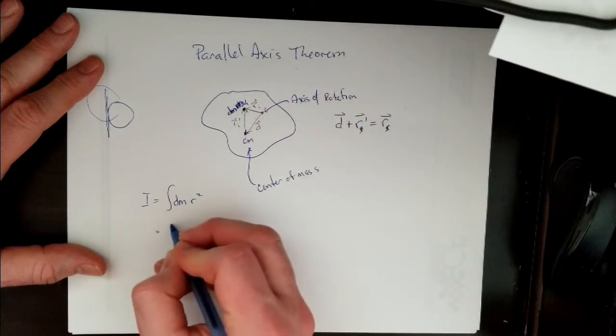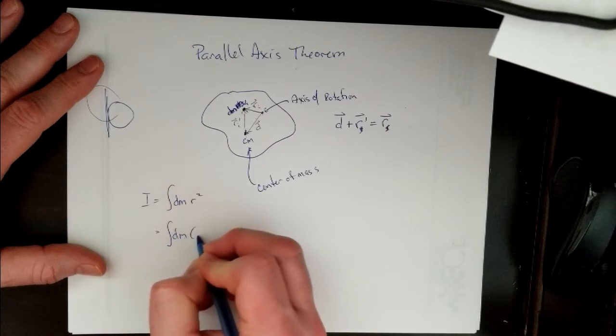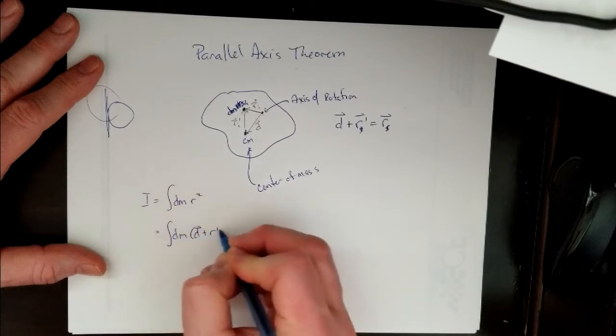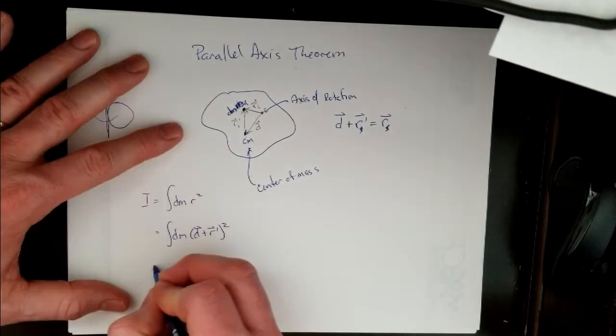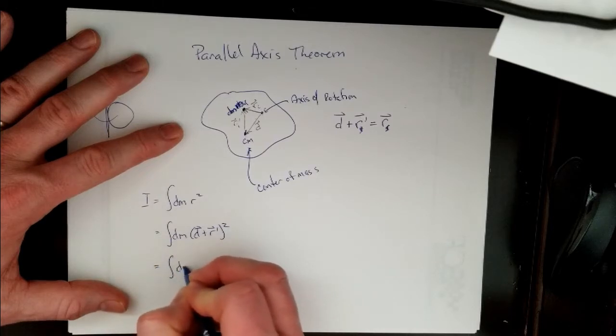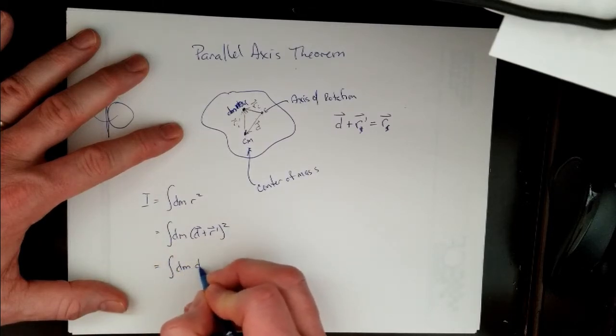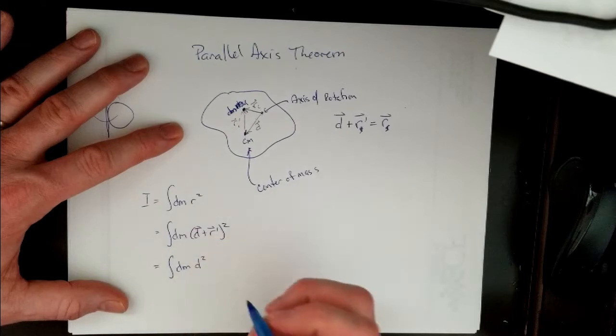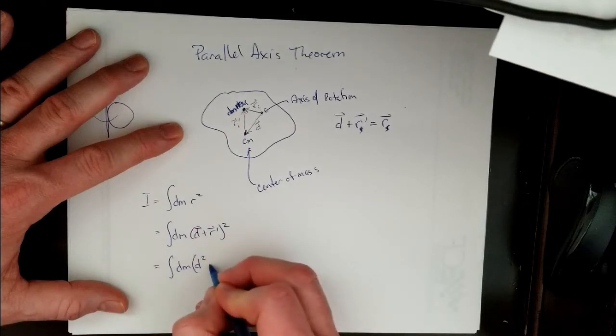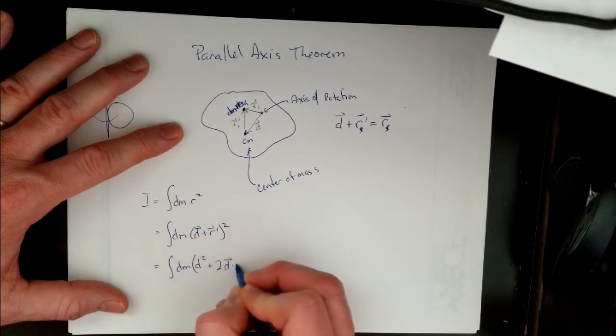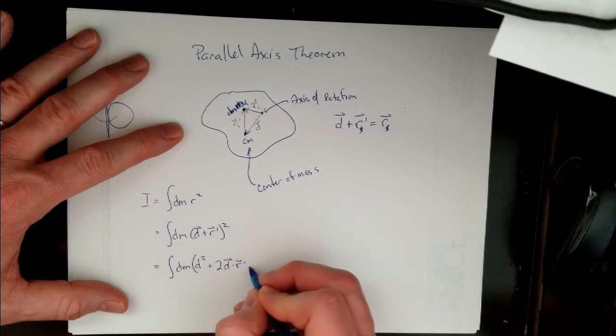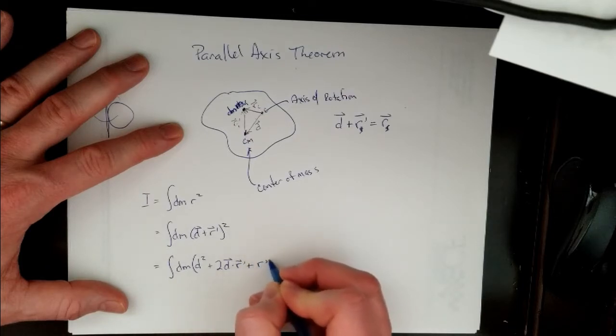And so this becomes the integral of dm times (d plus r prime) squared, which is the integral of dm times d squared, basically doing a dot product with itself, d squared plus 2d dot r prime plus r prime squared.